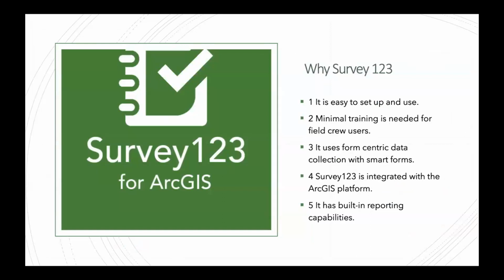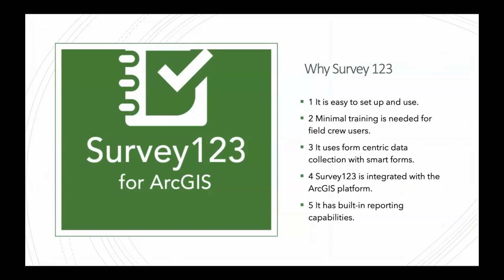So for us, we recommend Survey 123, which is one of the products that comes with ArcGIS. Why Survey 123? It's easy to set up. Minimal training is needed for the field, that's the enumerators. Very smart form. And most importantly, it is integrated with the ArcGIS platform.